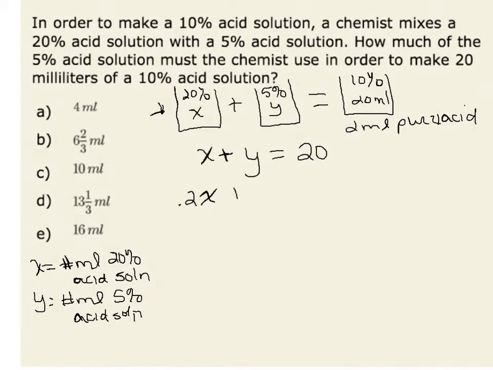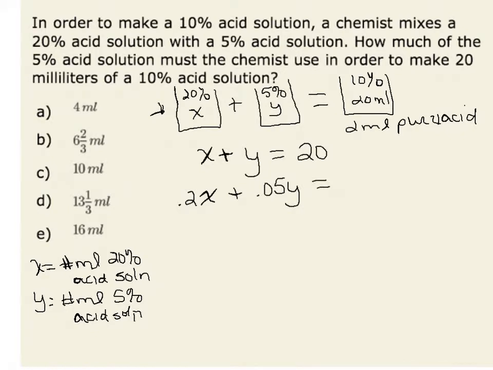Likewise, I'm going to add that to the amount of pure acid in my second container. My second container is a 5% acid solution, so the amount of pure acid is 0.05 times y, or 5% of y. When I pour the mixtures together, the amount of pure acid is going to be found by the sum of 20% of x plus 5% of y.